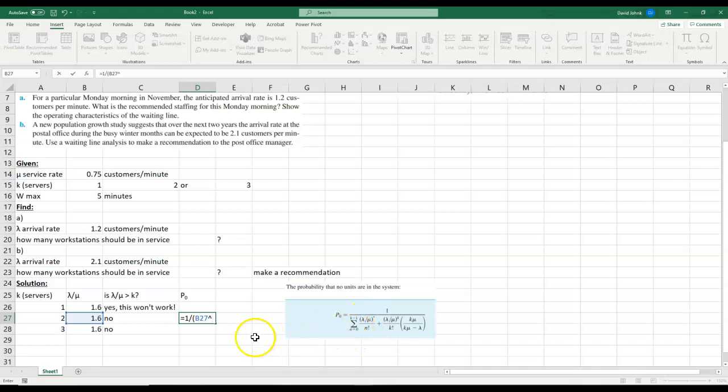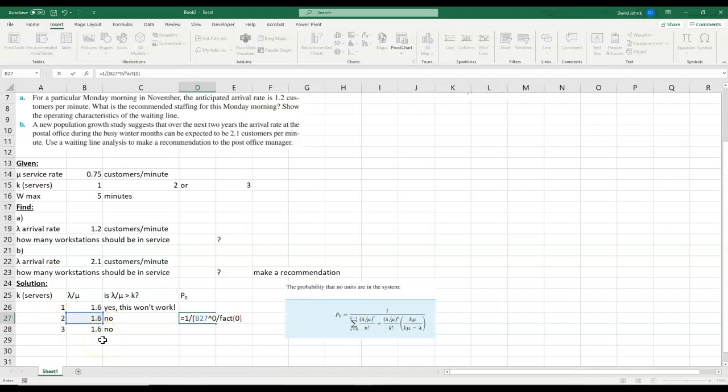So I start at n equals 0. So I'm going to take it to the 0 power and divide it by the factorial. That little exclamation mark means factorial, of 0, because n is 0. I'm starting at 0 and adding all these terms together. Okay, and k in this case is 2.